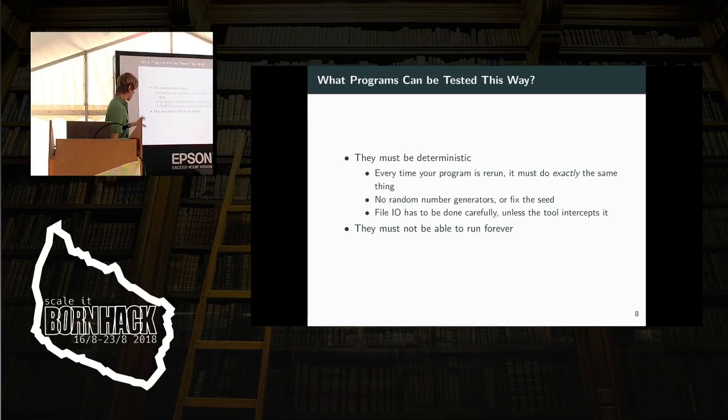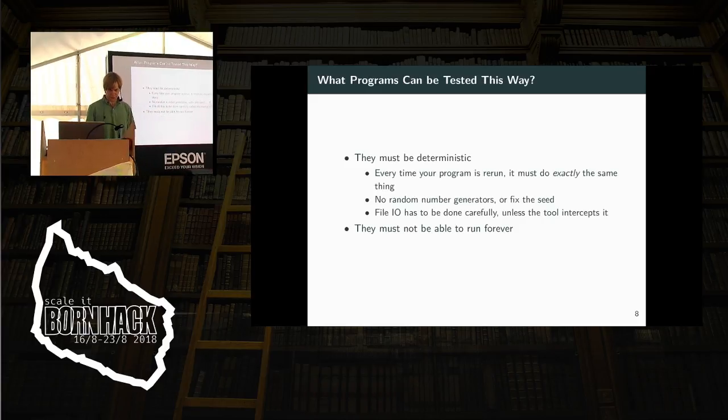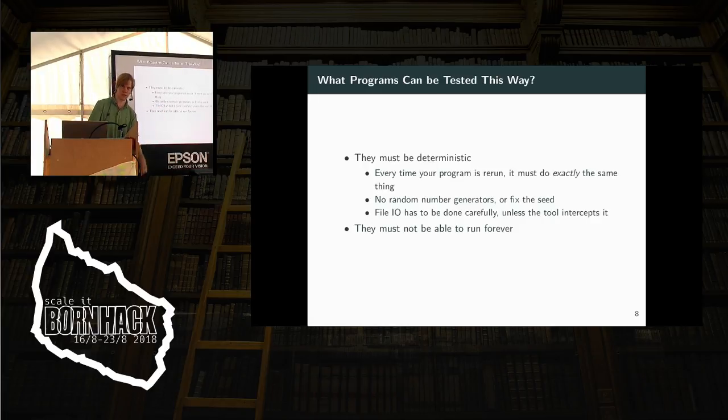If you do file I/O, you have to be very careful. Some tools could conceptually intercept these things and make sure that no funny business is going on, but Nidhugg does not do this. So if you do file I/O, you should probably make sure you are only reading and that you are closing all your file descriptors before you start your threaded workload.